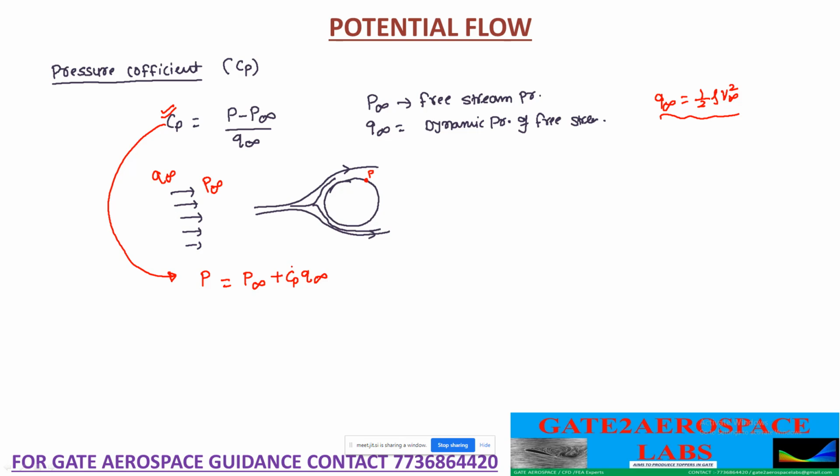If I know the value of Cp at this point, I will be able to tell what will be the value of pressure at that point. So, roughly you can say this Cp is the indication of pressure at a particular point.